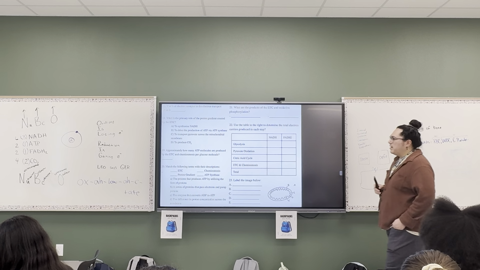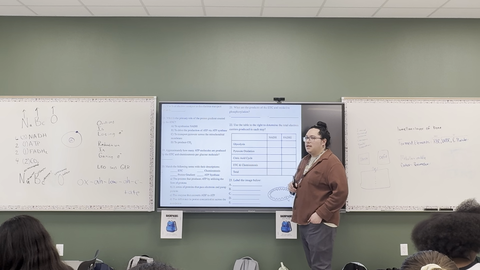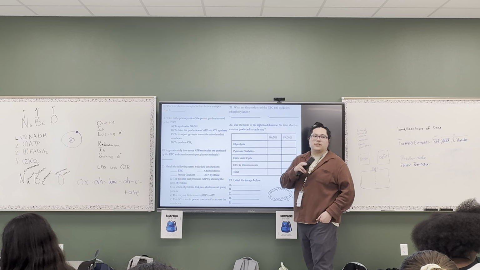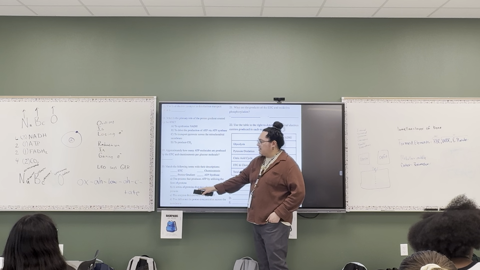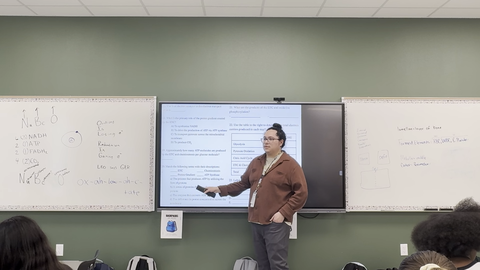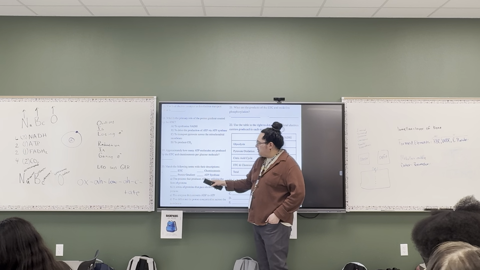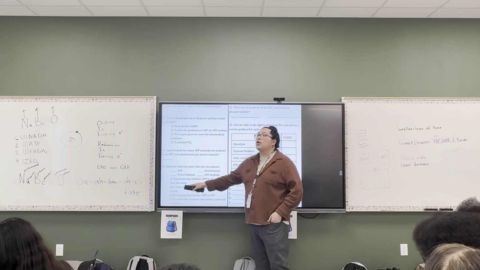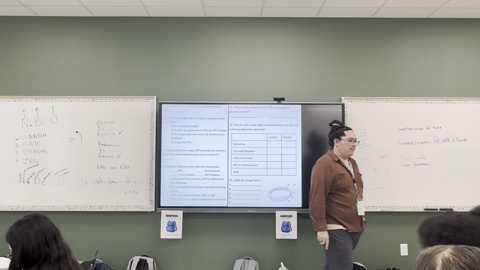And then B says a series of proteins that pass electrons and pump protons. That one is electron transport chain, so ETC should be B, because it's a series of proteins. A says the process that produces ATP by utilizing the flow of protons. That one should be chemiosmosis.